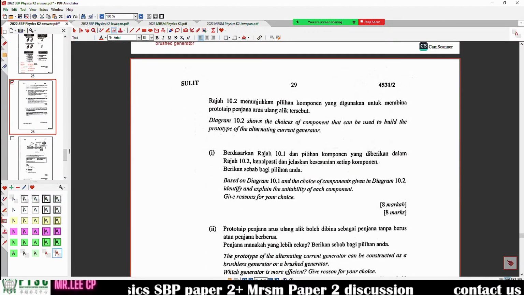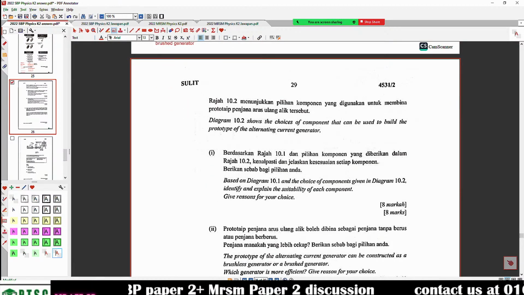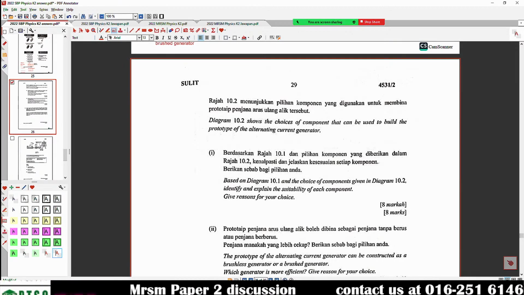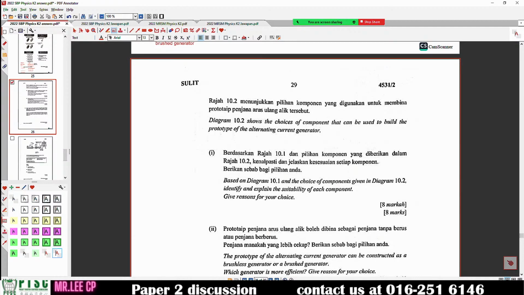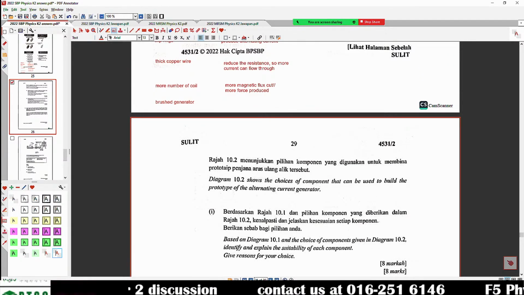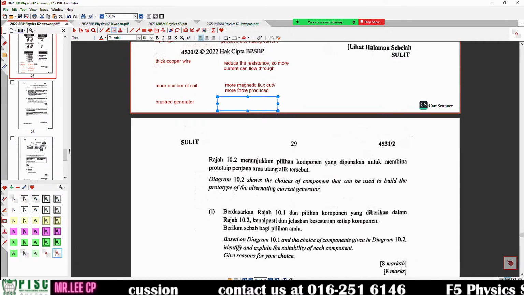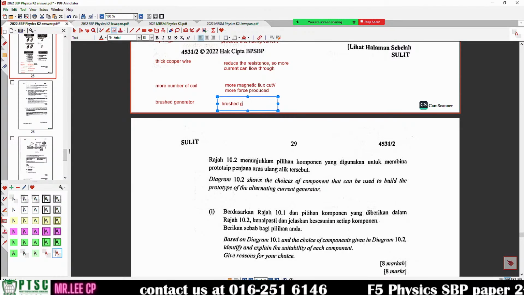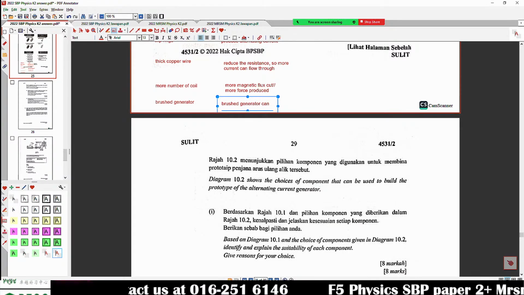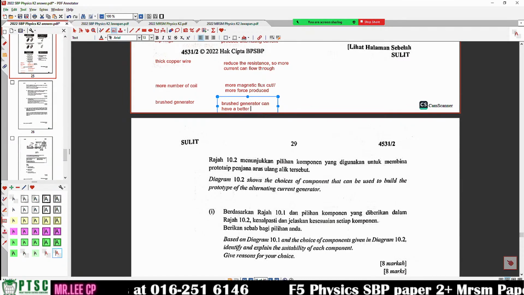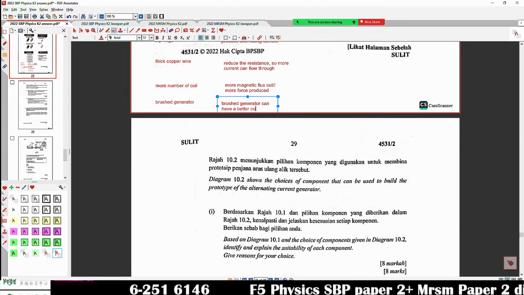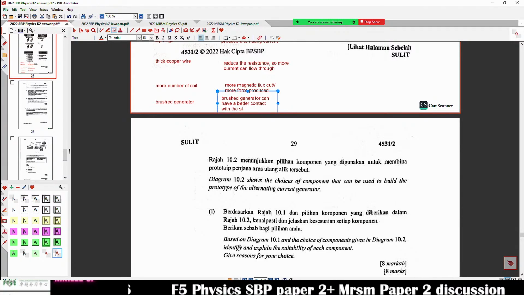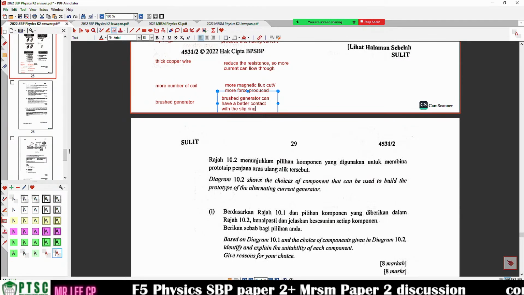Right? Why? This one, brush generator. Why brush generator? Because a brush generator can have a better contact with the slip ring.